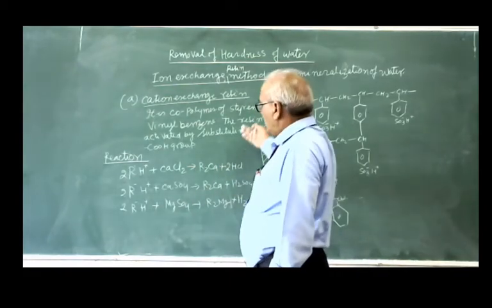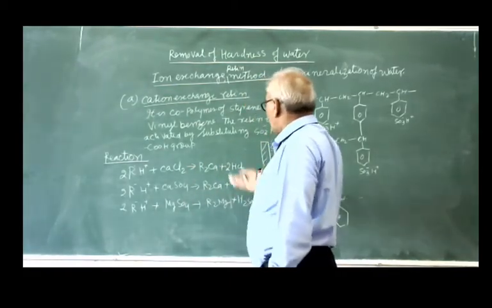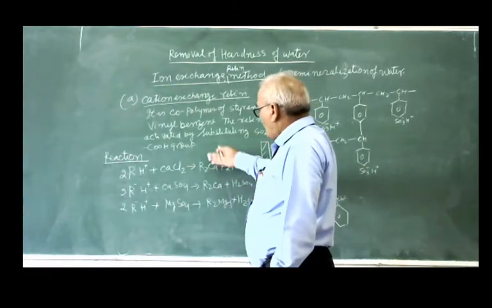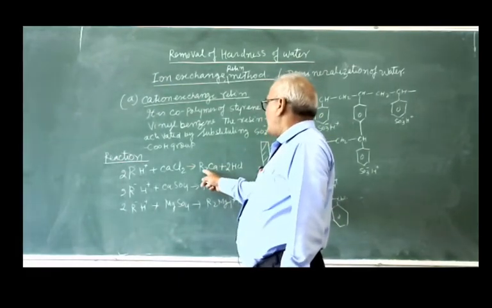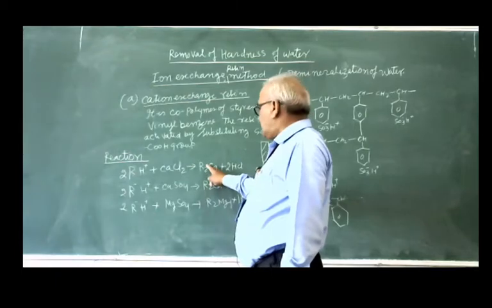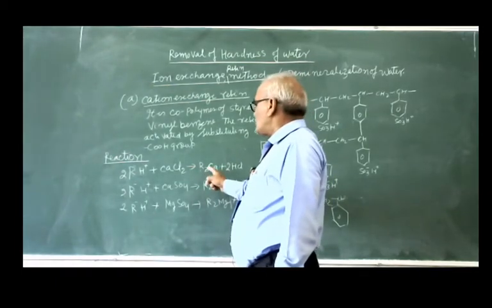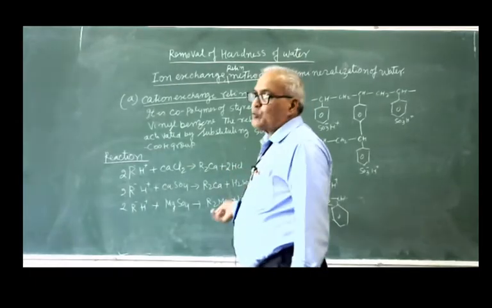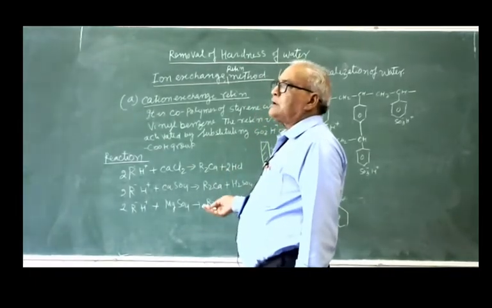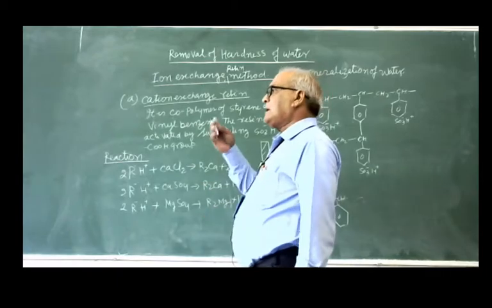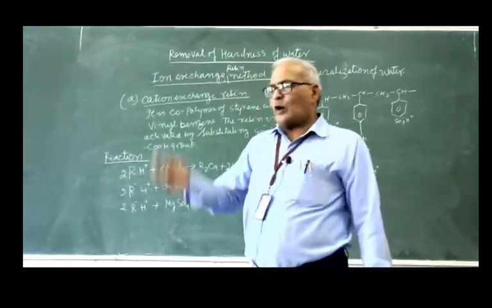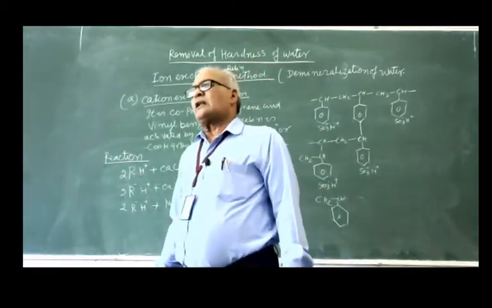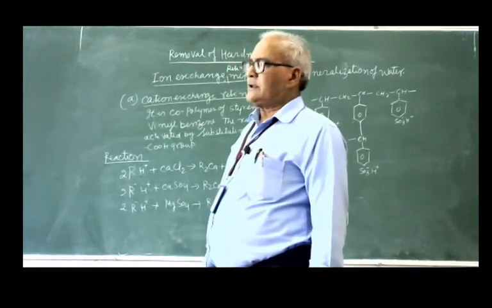How? If I pour hydrochloric acid over the resin, again we shall get R2H, RH. Calcium will be removed, giving calcium chloride, which is soluble, and we flush it out and get the activated resin.